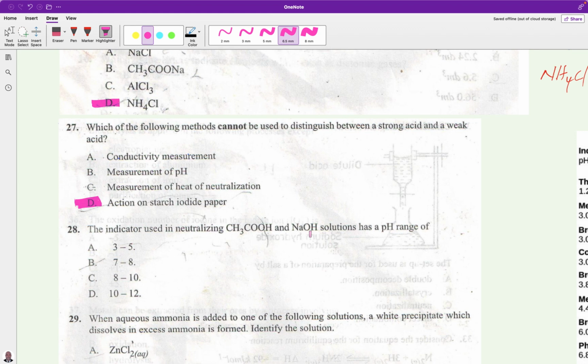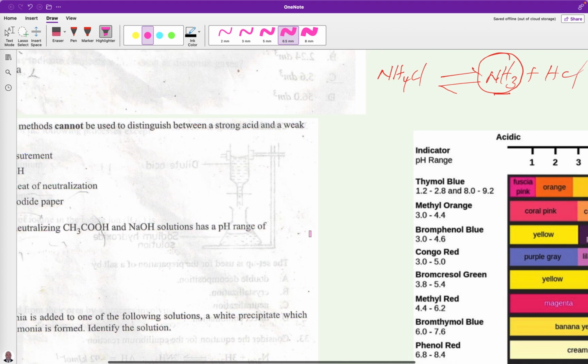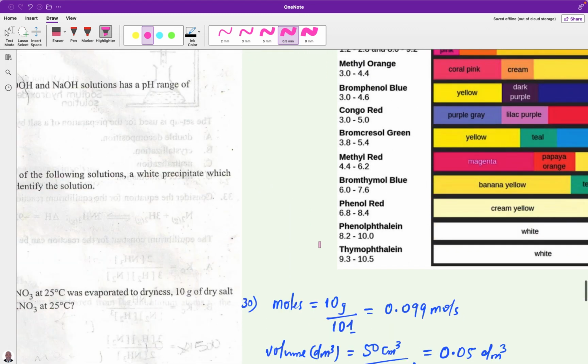We will have phenolphthalein indicator. Phenolphthalein indicator is the one that is being used. Phenolphthalein indicator will be for strong acid, weak acid, and strong alkali.